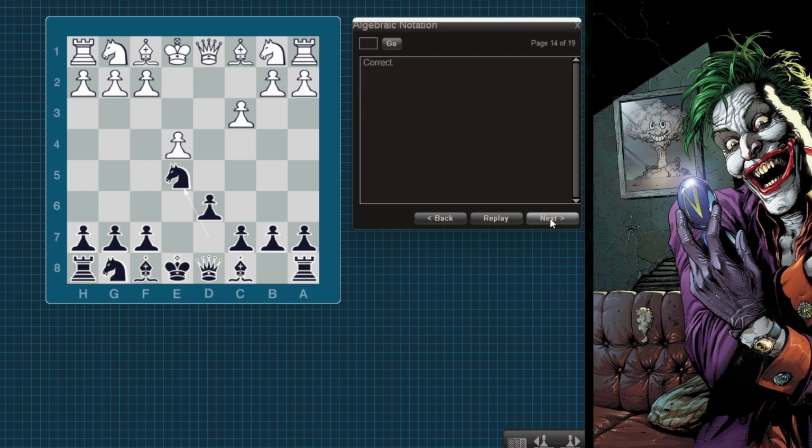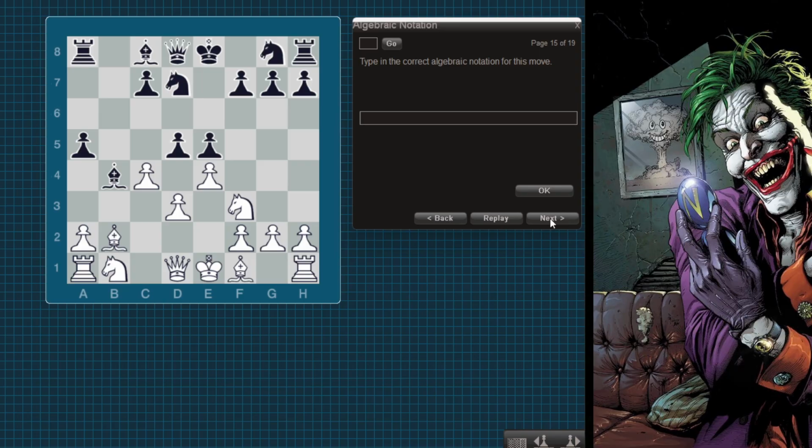Correct. Type in the correct algebraic notation for this move. Correct.